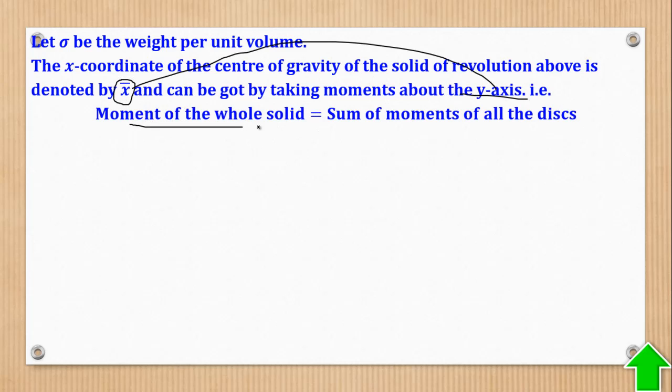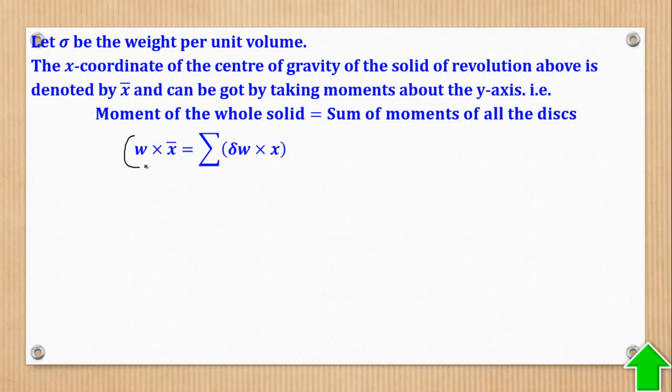So the moment of the whole solid is equal to the sum of moments of all the disks. Moment of the whole solid is the total weight times x bar. And here, weight of each slice and its position, x coordinate. Then you sum it up.